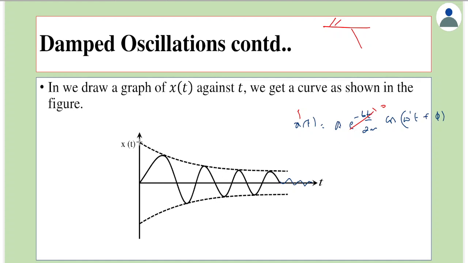This behavior, where the amplitude keeps on decreasing, is an exponentially decreasing function. You might have learned in the first chapter that a curve of this form means it is an exponentially decreasing function. If we plot a graph of x versus e power x, this is what we get. It will keep decreasing exponentially. That's the reason we get a graph like this.